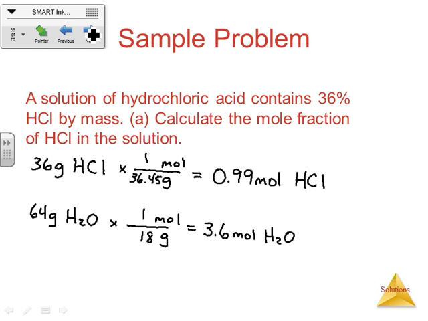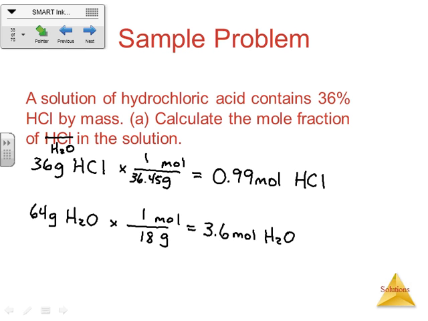Okay, and then here's where you have to be a little bit careful. This is a mole fraction, which is basically like a percentage, right? We take the moles of our solute divided by the total moles. They could have just as easily asked you for the mole fraction of H2O in that solution, then you'd have to put 3.6 on top.